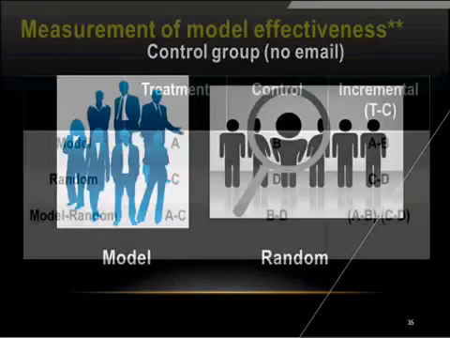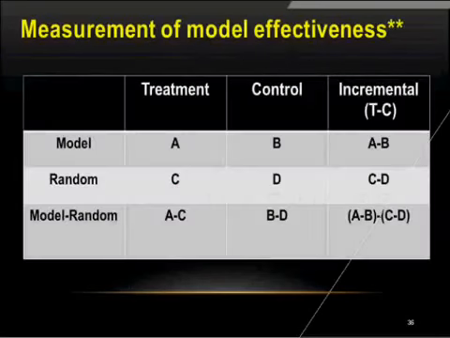What we see here is a measurement of model effectiveness. A, B, C, and D could be any continuous values or ratios, like increase of sales or maybe response rate. Basically, here we have treatment and control group, model and random group. If we would like to tell if there's actually a significant difference between model and random, the A minus C should be significant. That means, yes, we succeeded.